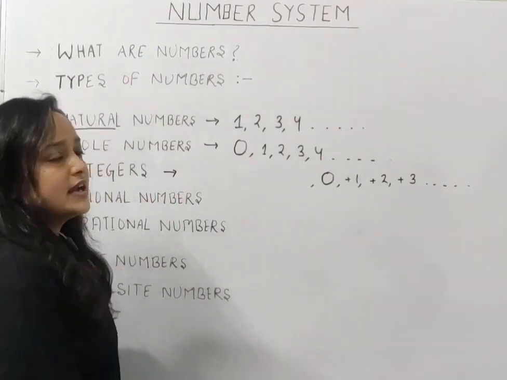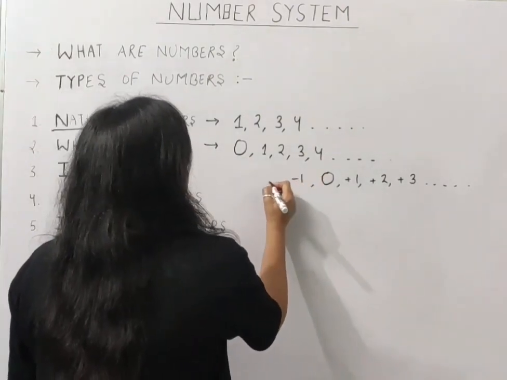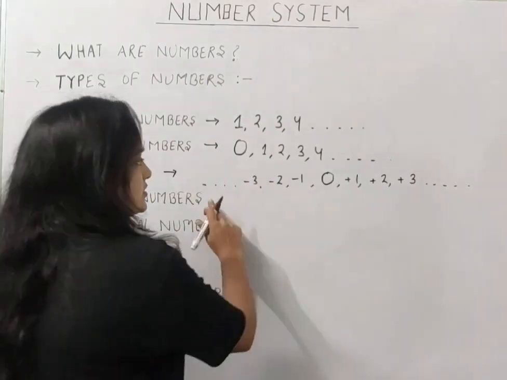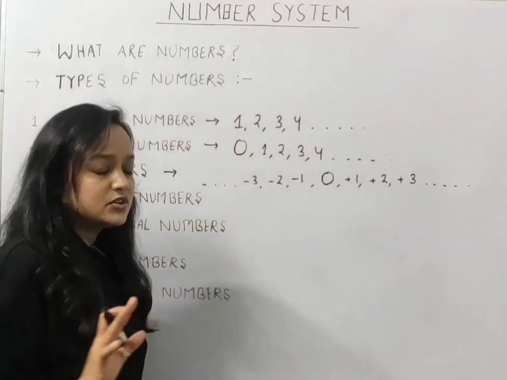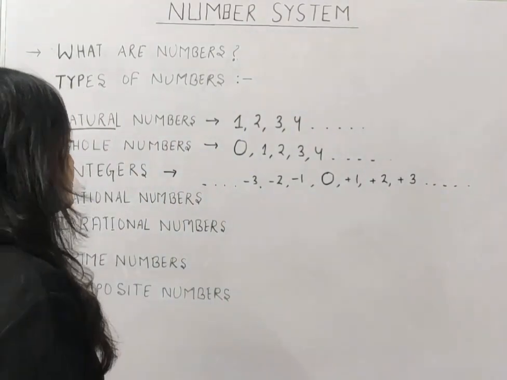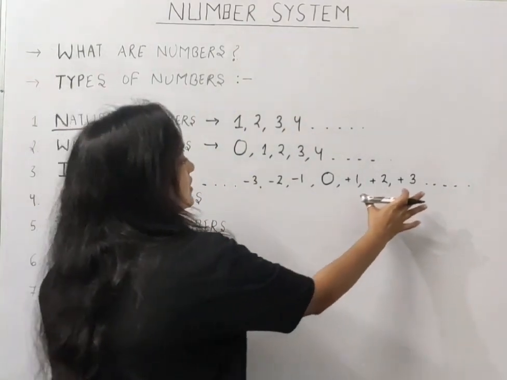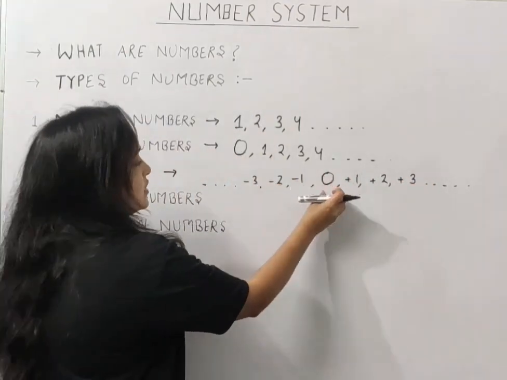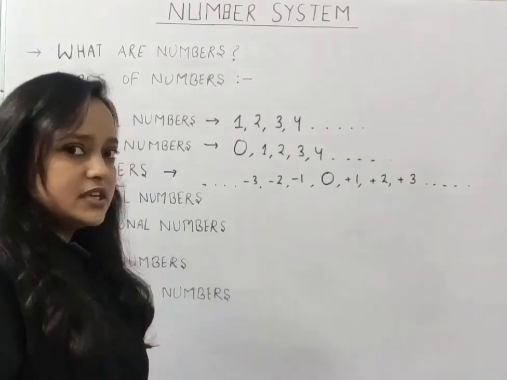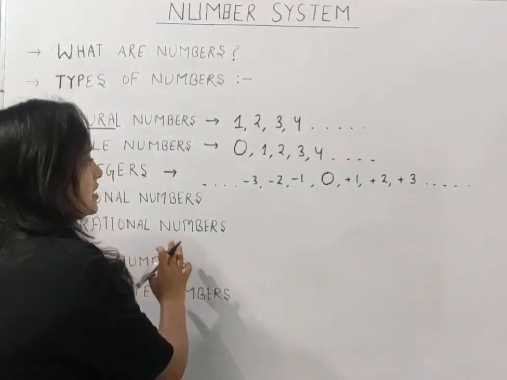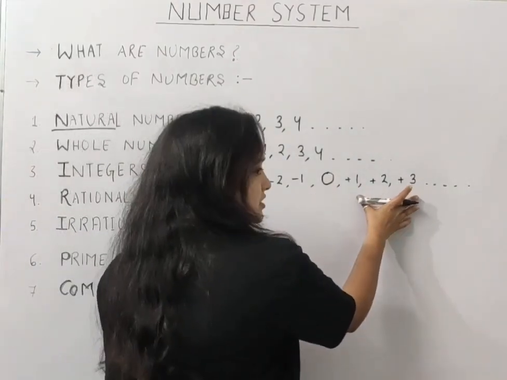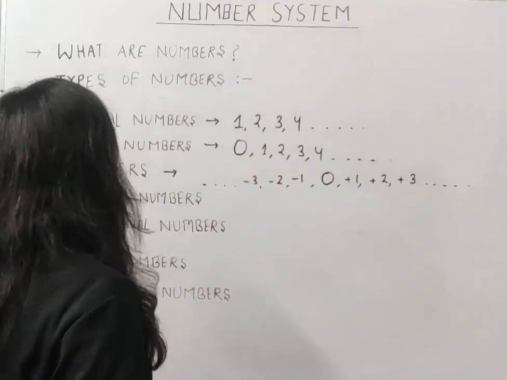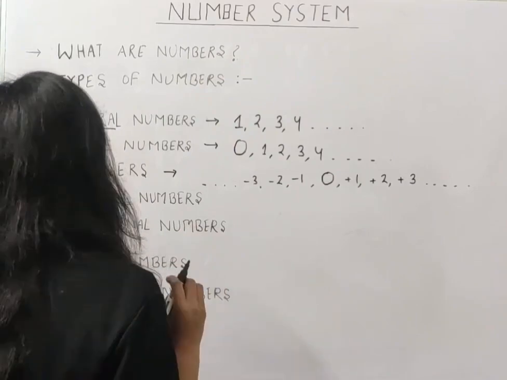This also includes the negative values, so -1, -2, -3 and so on. This is a representation of your number line also. Right? So integers are those numbers which include positive values, negative values and 0. Is it clear to you? So these are your integers.